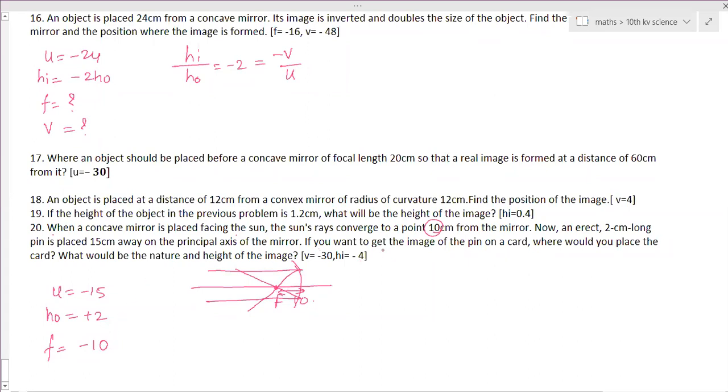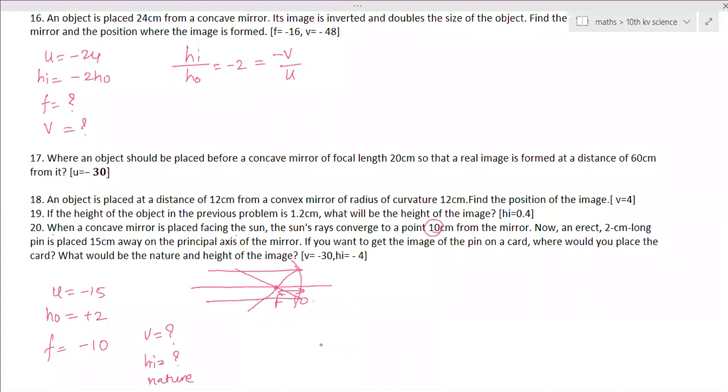Now what they have asked: if you want to get the image of the pin on a card, where would you place the card? That means the screen. We place the screen only where we get the image. So V we have to calculate, and the nature and height, HI, we have to calculate. The image is formed on the card, on the screen, so it is a real image.